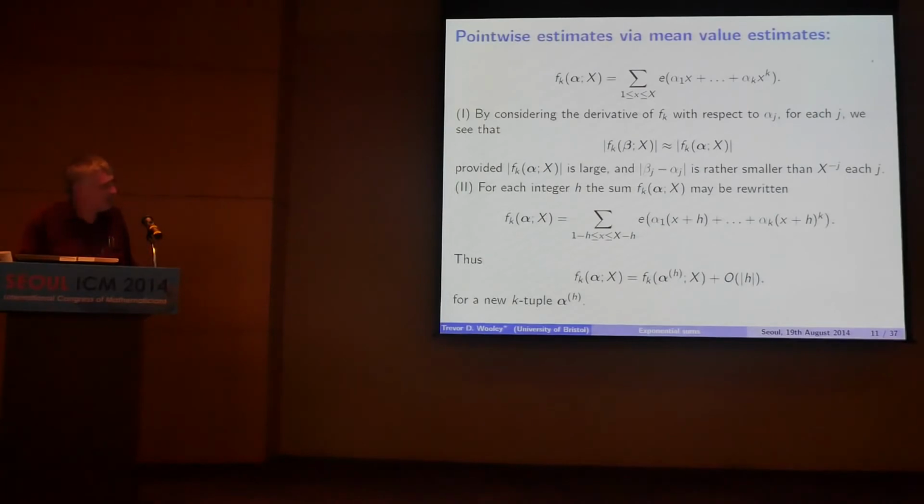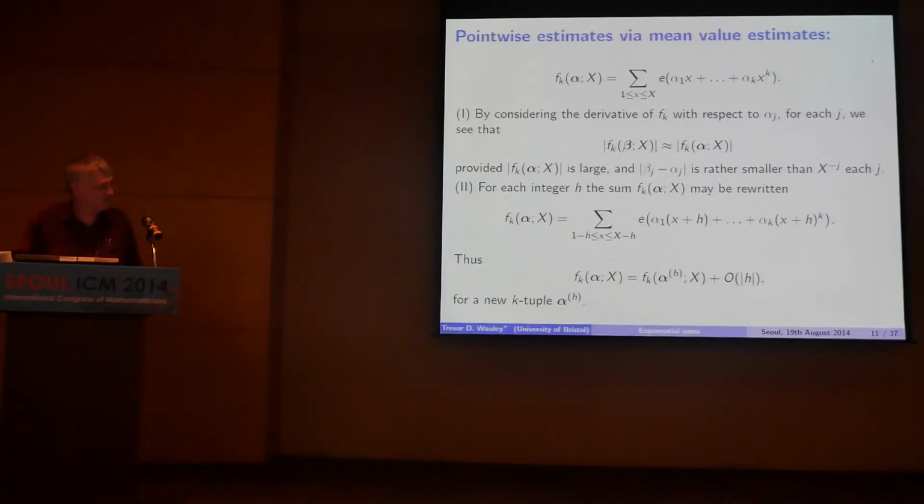Okay, so that's one observation. Second observation is that we have a sum from 1 up to capital X in the original exponential sum. If I shift all the variables by some number little h, which might be 1 or 2 or something small, and I shift the range of variables backwards by the same amount, then I've just written down the same thing in a more complicated way. So I did nothing to the exponential sum at all. That's very boring. However, I can expand all these powers by the binomial theorem and collect together terms, and I get a new polynomial argument of degree k, with different coefficients, and I'll call these alpha superscript h.